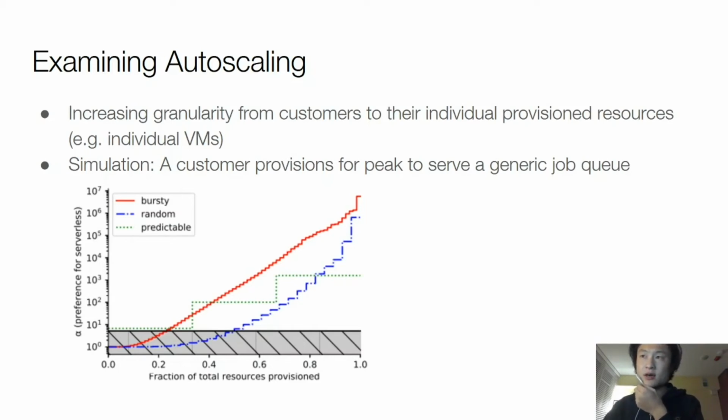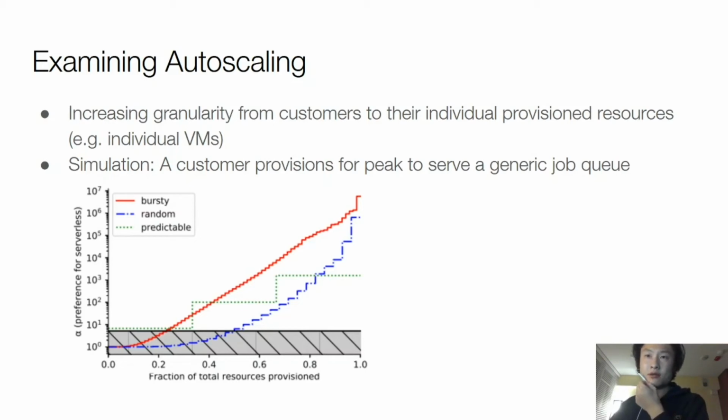So pictured here is a straightforward simulation where a customer is provisioning to serve a generic job queue, and they are statically provisioning for peak. Now, since they're doing this, as they provision more and more resources, the marginal benefit of each resource goes down, and they more and more prefer a serverless autoscaling solution.